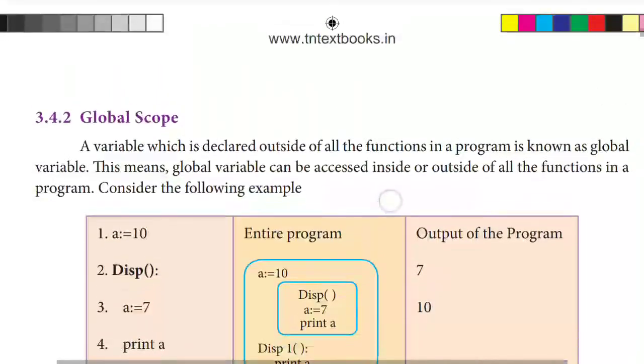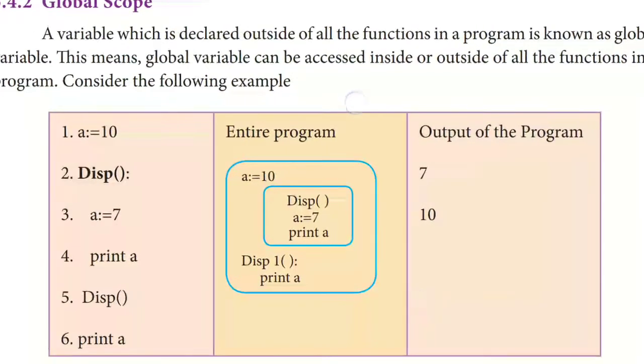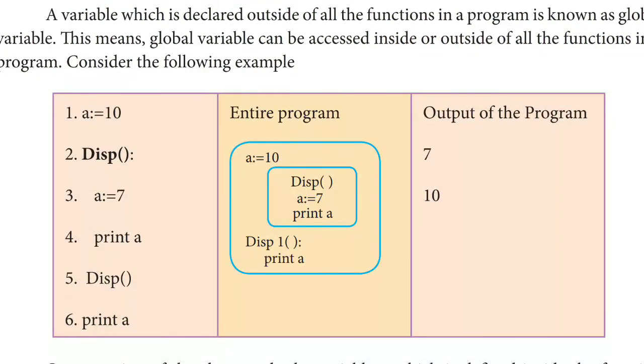Next is global scope. Here you can see that a is equal to 10 is declared outside all the functions, so you can access this a is equal to 10 anywhere in the program. disp is a function that is created, and inside it another a value is created, a is equal to 7.